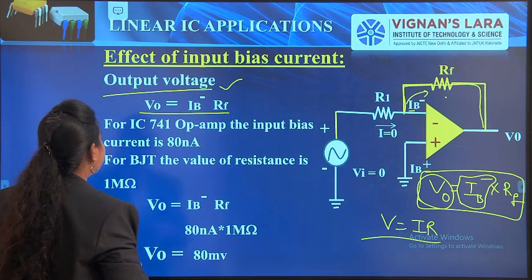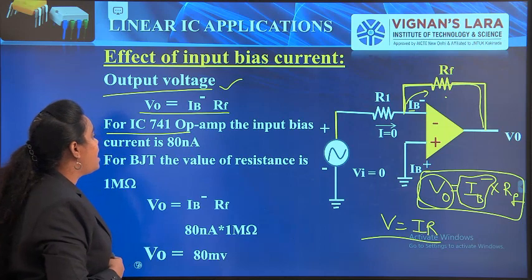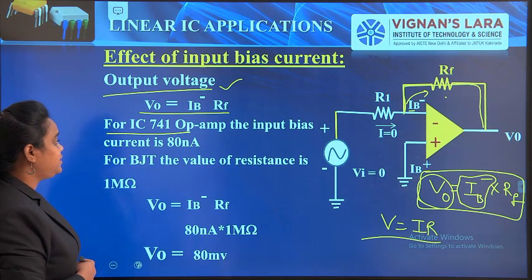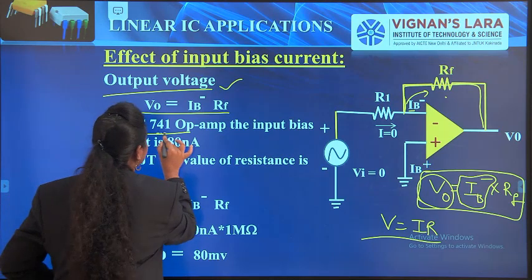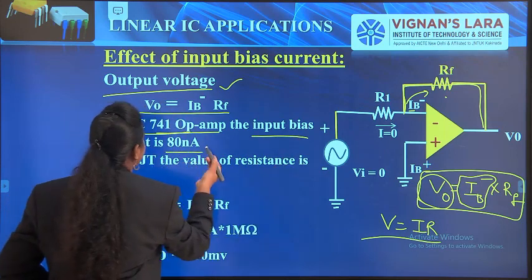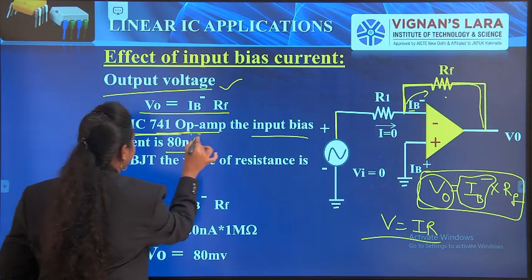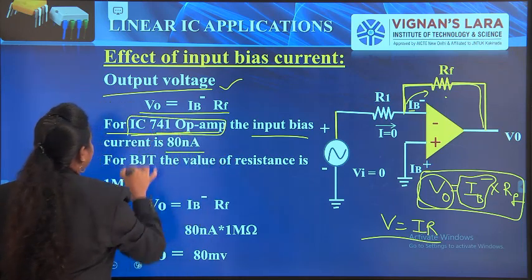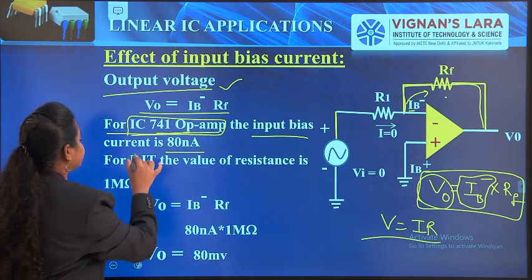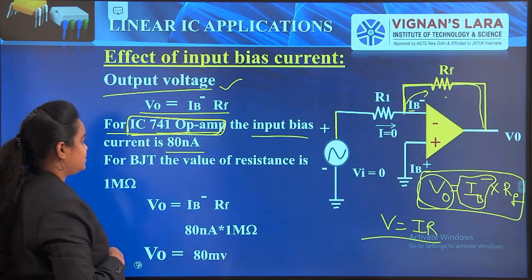For the op amp IC741, for example, the input bias current is 80 nano amperes.